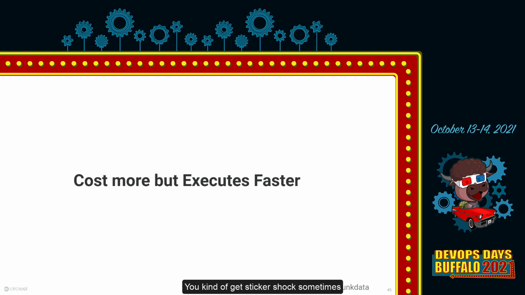You kind of get sticker shock sometimes because you're worried it's going to cost more money. But at the end of the day, by executing things on properly sized compute nodes, you actually make things run faster, and you shorten the time that the job is using those resources. This has happened to me in the real world.